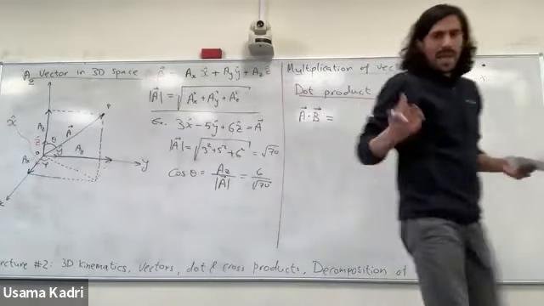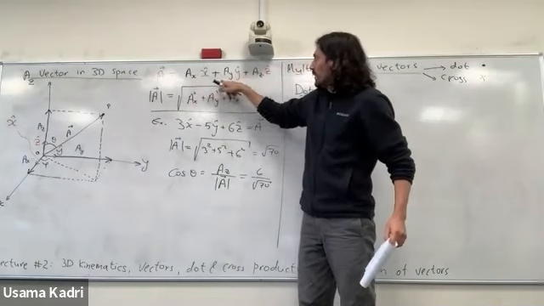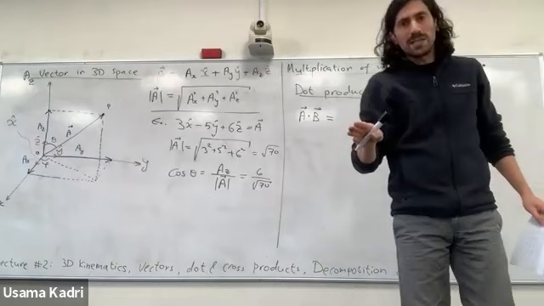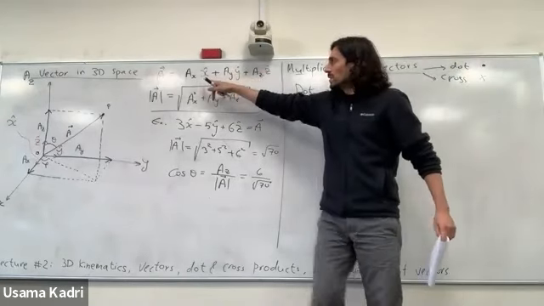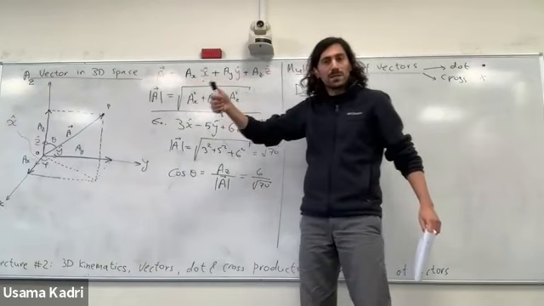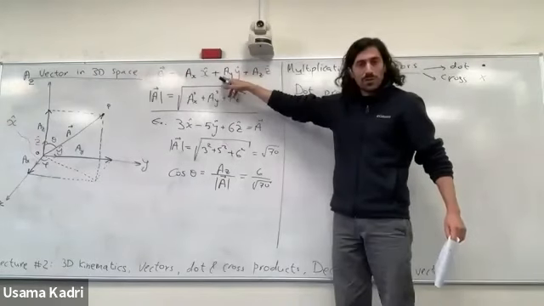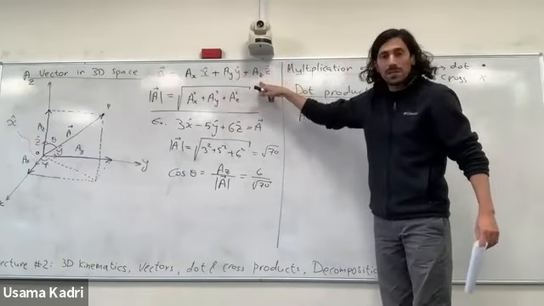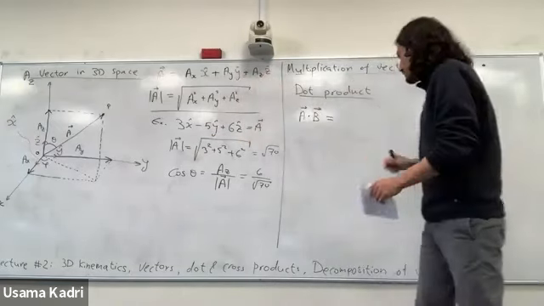Well, you can think about it. A has AX in the X direction, AY in the Y direction, and AZ in the Z direction. The dot product is telling you, look at that direction, and look at the product in that direction. So you'd have AX times BX. And then in the Y direction, you'd have AY times BY. And then in the Z direction, you have AZ times BZ.